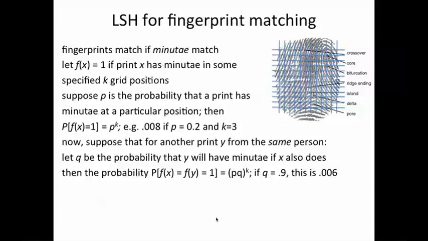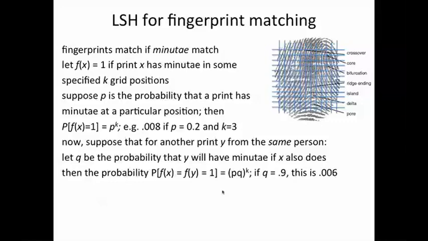But then y also has to have minutiae in the same k positions, so you multiply by q k times, so you get p q to the k. If q is 0.9, that means there's a 90% chance that y will have minutiae if x also does in a particular cell, then p q to the 3 works out to 0.006.